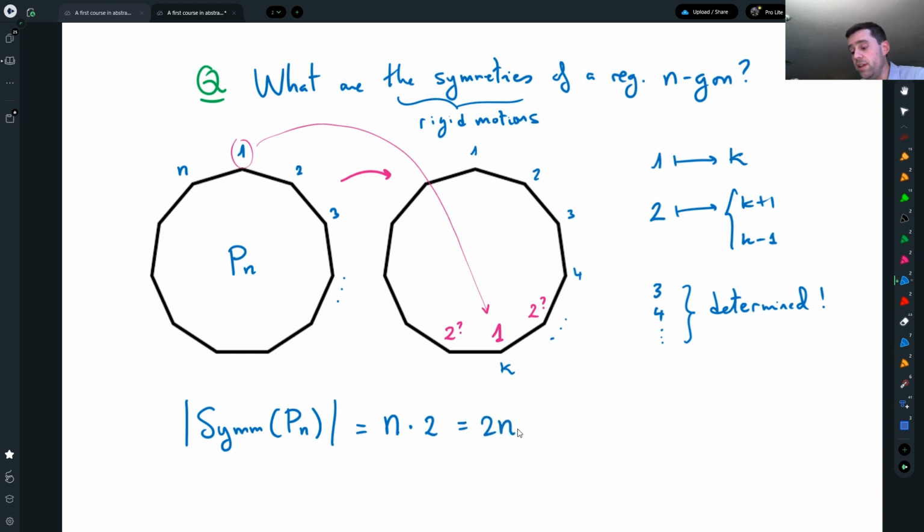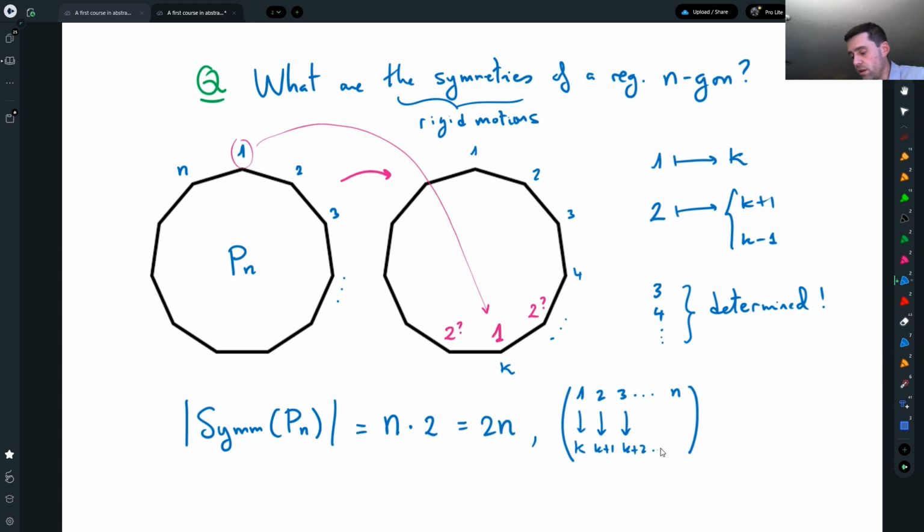So there are precisely 2n possibilities. And notice that these can be represented as elements of Sn. If I name all my vertices, I just need to determine where 1 goes and where 2 goes. So 1 goes to k and 2 goes to k plus 1, and then I know that k goes to k plus 2, etc., and then it will cycle.